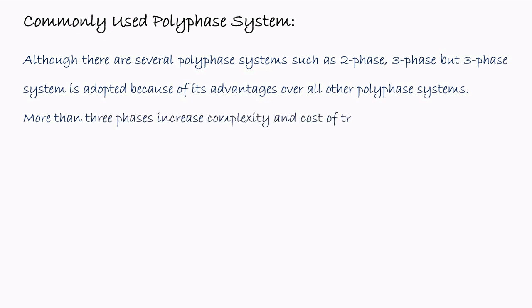If we use more than three phases, it increases the complexity as well as the cost of the transmission and the utilization. We can use the six phase, but then the complexity of the system will increase, as well as the cost of the transmission and utilization.